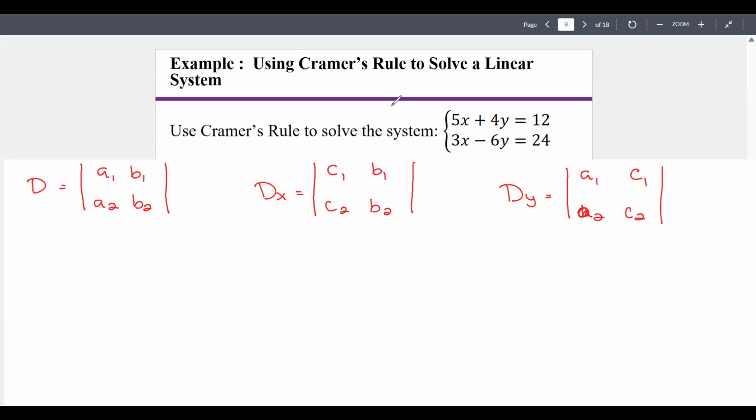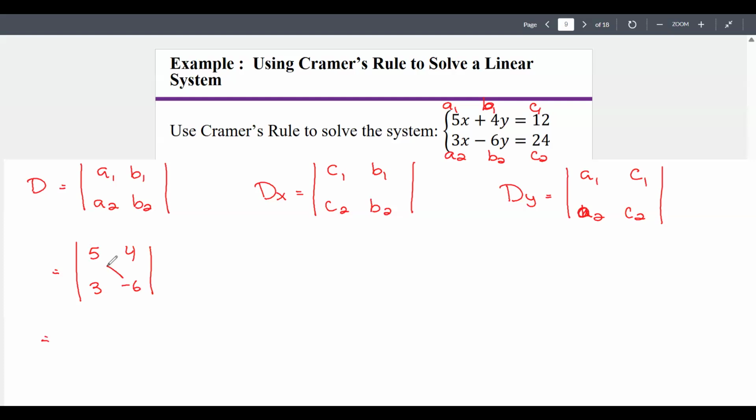So if we go back up here, a1, b1, c1, a2, b2, c2. If I just do this matrix right here, we're looking for the determinant of the matrix 5, 4, 3, -6. Remember, the straight lines are just telling me I'm doing a determinant.